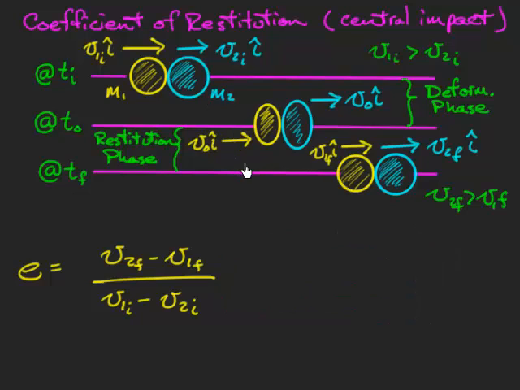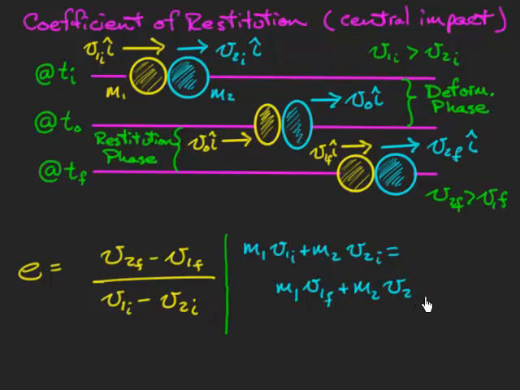Now going back to this central impact problem, now we've got a problem I think we can solve. Remember, originally we had a conservation of momentum principle. In other words, if we do the impulse momentum principle on this system as a whole, we get m1 v1i plus m2 v2i. There's my momentum of the system in the i-hat direction before impact. And then we get m1 v1f plus m2 v2f as the momentum of the system after impact.